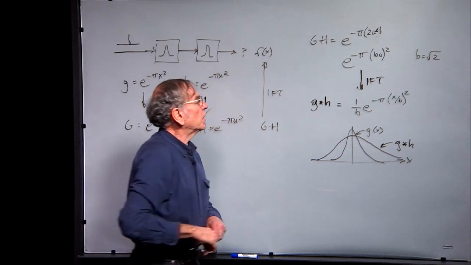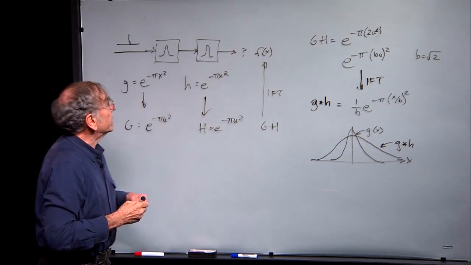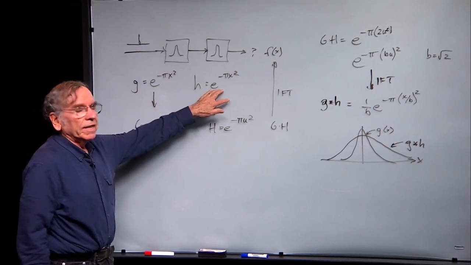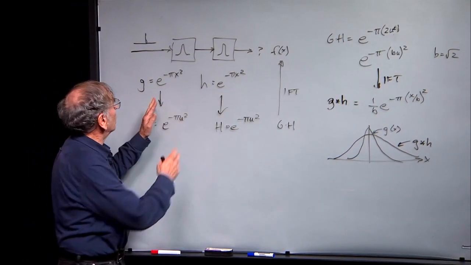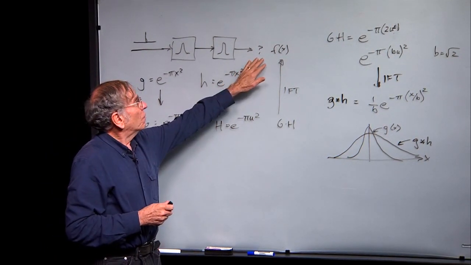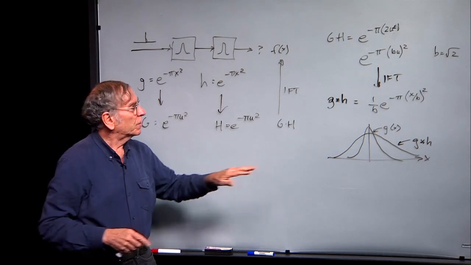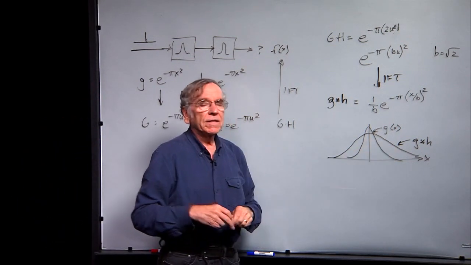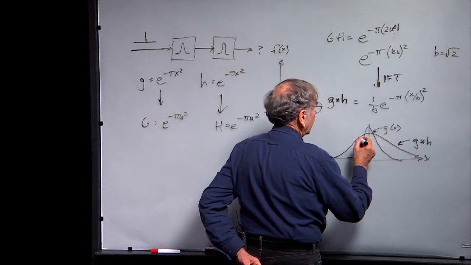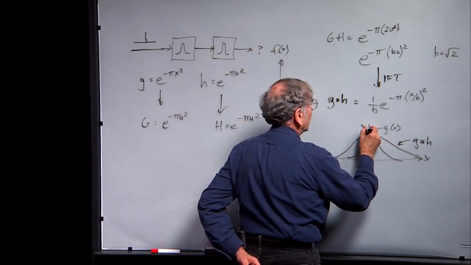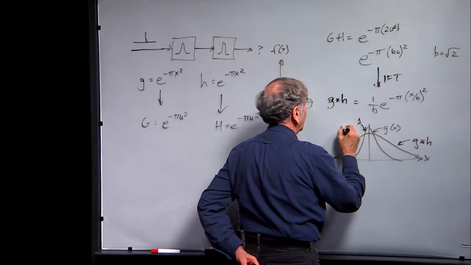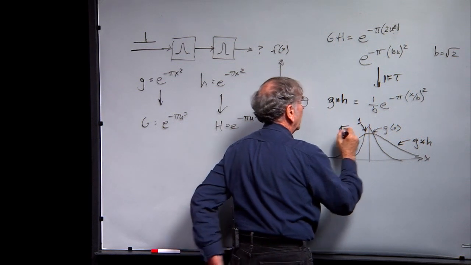The thing that's a little bit counterintuitive about this is that we operated with 2 filters, each with a width of nominally 1 unit. And what we got out was not a signal that was 2 units wide, but just the square root of 2 units wide. So if we say that this has a width of 1, then this thing has a width of square root of 2, about 1.4.